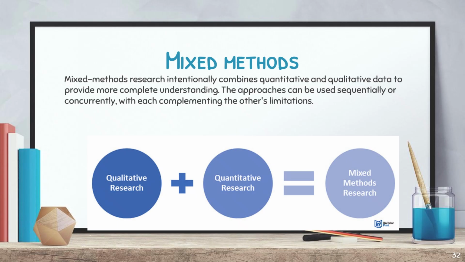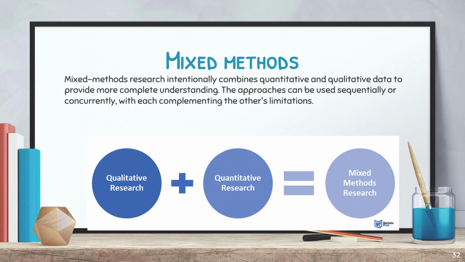But what if you like both? What if you love the idea of collecting numbers but also collecting words and stories? Then mixed methods is for you, right? Mixed methods intentionally combines qualitative and quantitative together to provide a more complex understanding. These approaches can be used sequentially or concurrently.